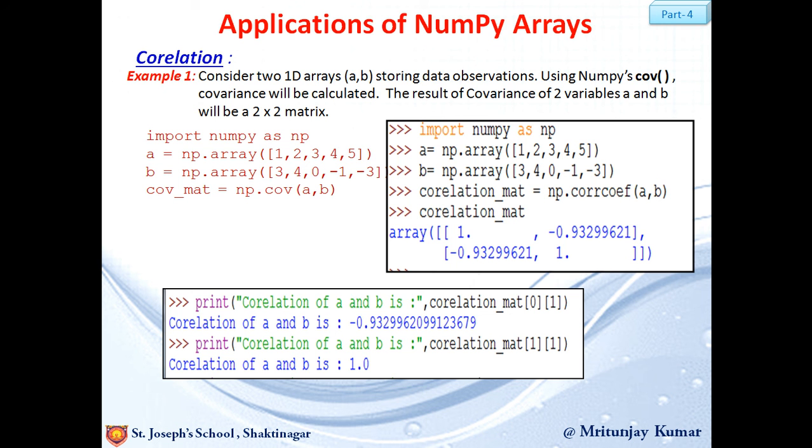The result of the covariance of the two variables A and B will be a 2 by 2 matrix, as you can see here. This is the covariance. Now I have to find the correlations.